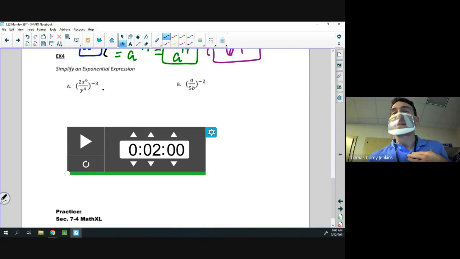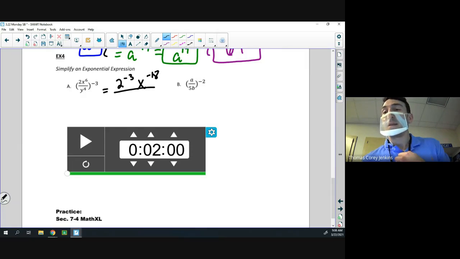Okay, so that's going to give me 2 to the negative 3, and then x to the 6 times negative 3 would be negative 18. And then my exponent for y is 4 times negative 3, which is negative 12.